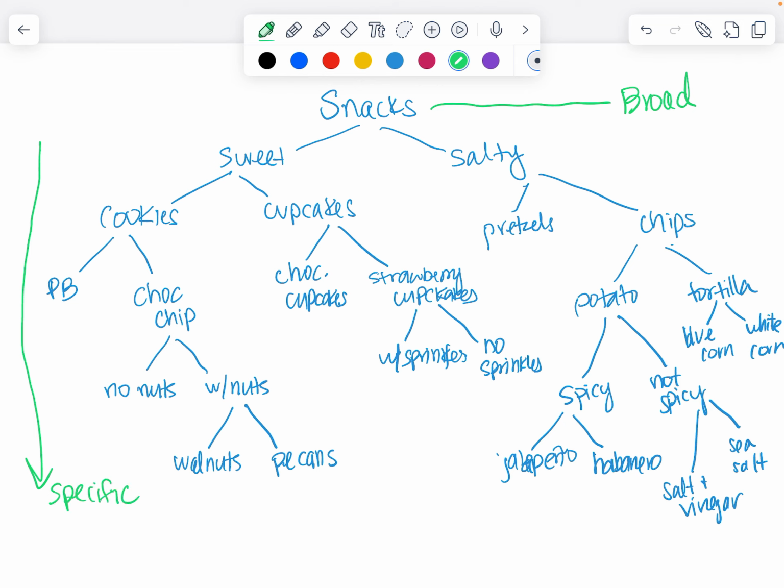So for example, if I look down here, I'm looking at a snack that is sweet, that's a cookie, that's chocolate chip, that has nuts, and specifically pecans, right? So up here is just the main broad, like a mama category. And way down here are like the babies, right? So everything you get from, they belong to the entire category, the broad category, but as you get further down the tree, they become more specific.